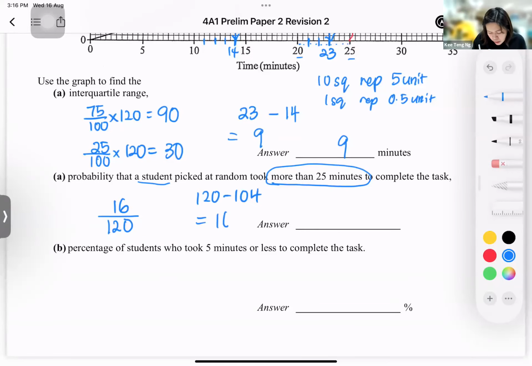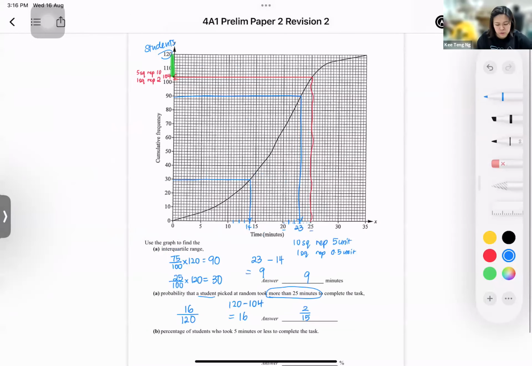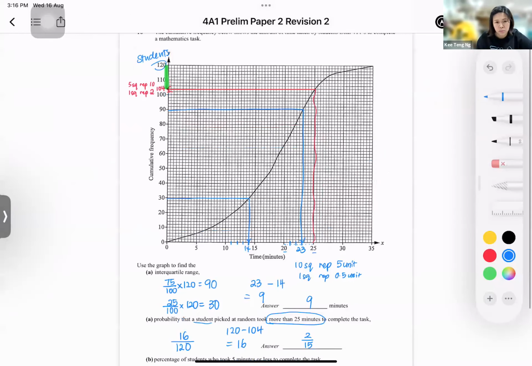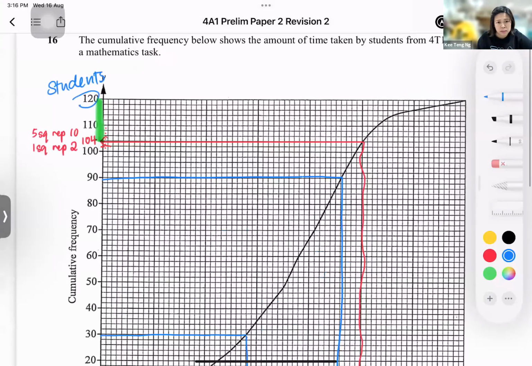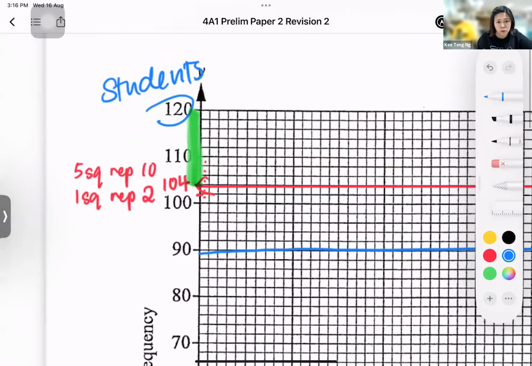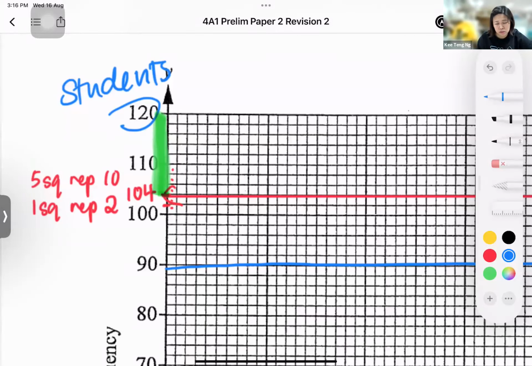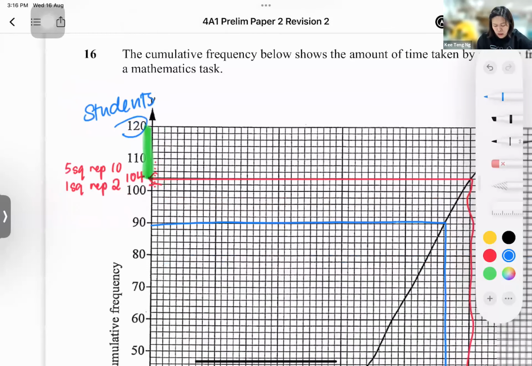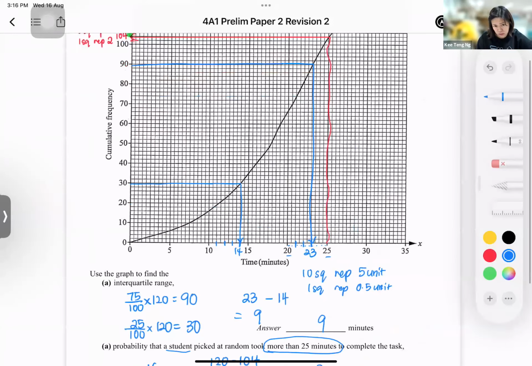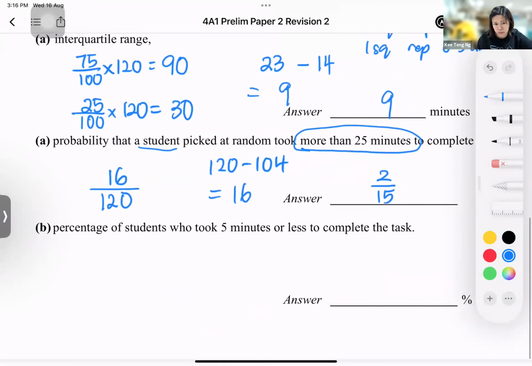But is this my final answer? 16 over 120. No, I must simplify, so this is 2 over 15. Remember, you check the number scale first. Since it is more than, you must subtract. Then out of a total of 120 students. Okay, so that's the answer.